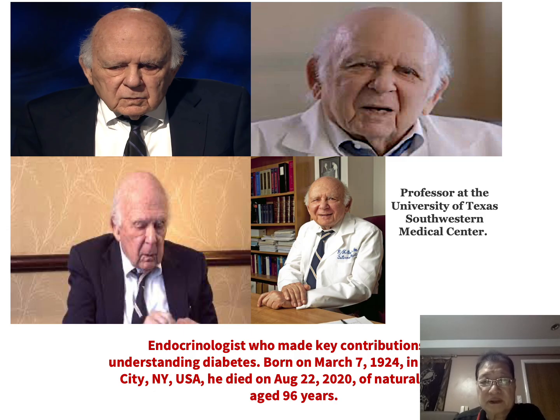The last photo of Roger Unger shows him still very active in 2019. Roger Unger, who pioneered the glucagon concept, is an endocrinologist who contributed so much to the understanding of diabetes. He was born on March 7, 1924 in New York City, New York, USA, but passed away last August 22, 2020.